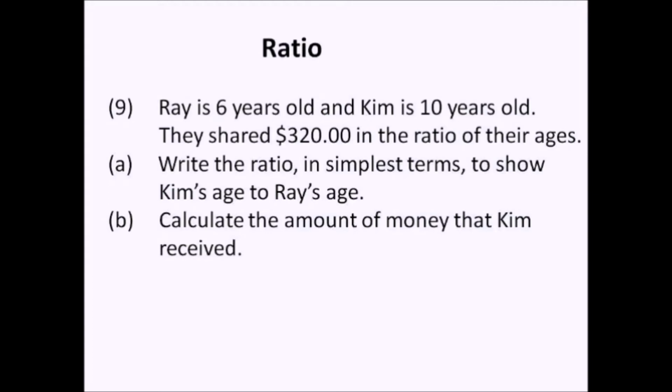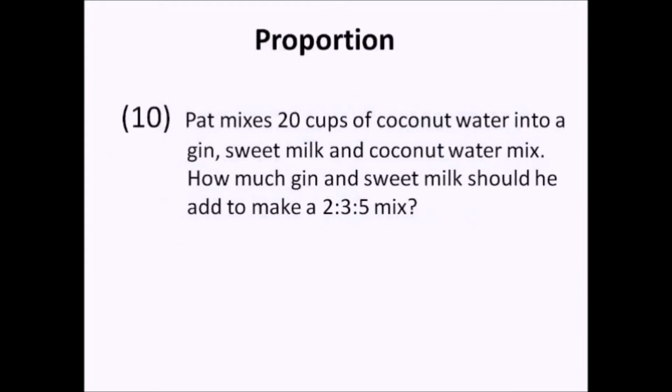Typical ratio question. You must be able to master these. Let's go. Number 10, proportion. Ratio and proportion. Pat mixes 20 cups of coconut water into gin, sweet milk, and coconut water mix. How much gin and sweet milk should he add to make a 2 to 3 to 5 mix?